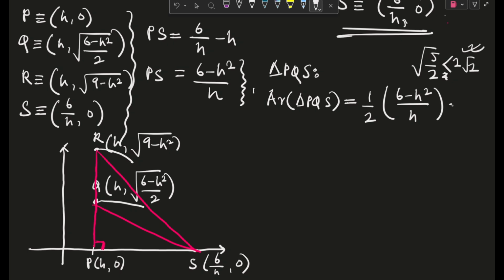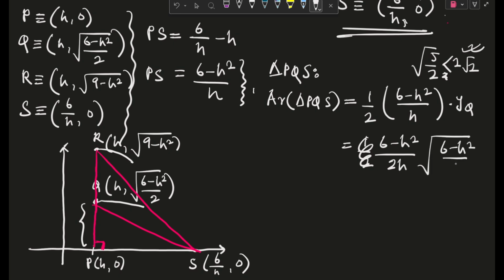And I guess this thing will be y of q, like this part. Okay. So I guess if we go on to calculate, let me write (6 minus h squared) by 2h, and root under of this will be (6 minus h squared) by 2.